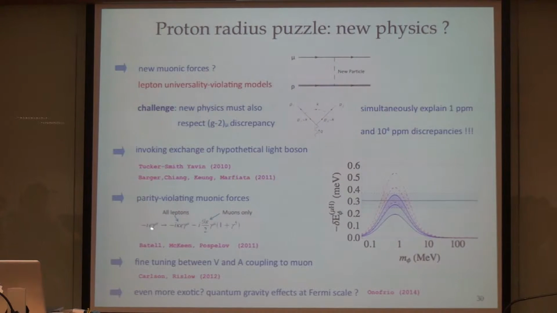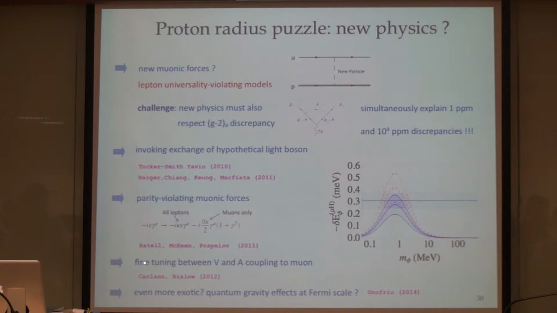Now, there have been variations on this, namely muonic forces which only couple to right-handed muons. Here the normal coupling is just a gamma mu term, and then you have a gamma mu (1 plus gamma 5) term, so one only needs to tune that coupling.